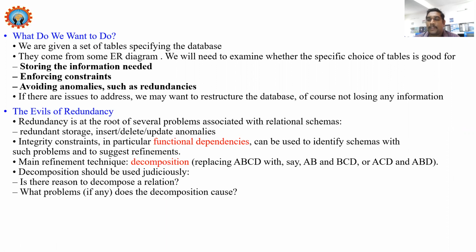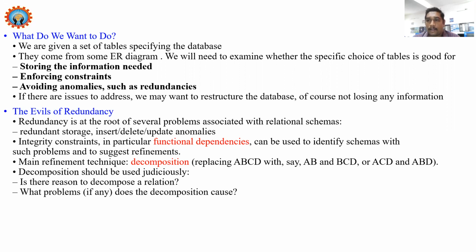In discrete mathematics or any set operations, we can say functional dependencies mean one set is dependent on another set. But in DBMS, functional dependency means an attribute which is dependent on a particular attribute.